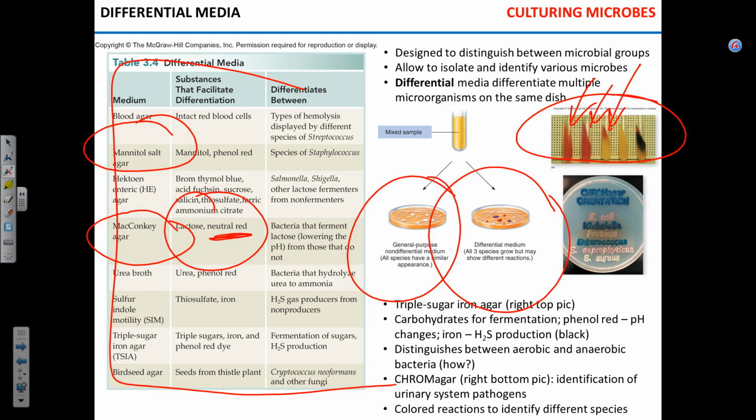This is definitely a fermenter. You see that yellow part? That's acid. Why is there a little bit of red up here? Obviously there's no growth on top. Growth is only at the bottom. What's the problem with the top? Yep, oxygen.